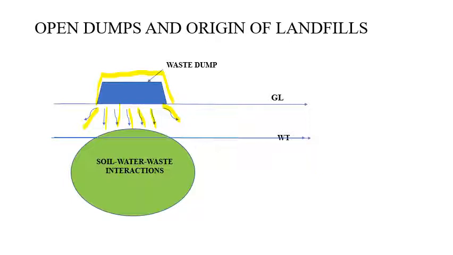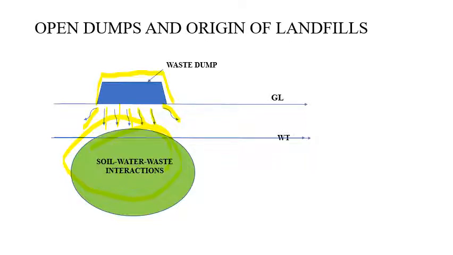Okay, so basically the soil will be interacting with the chemicals present in the leachate in the presence of water. Okay, so all those soil, water, waste interactions will be occurring beneath your ground surface. Okay, and imagine your leachate, if it percolates way below, and if it is able to intercept your water table, then your groundwater table is also getting polluted here.